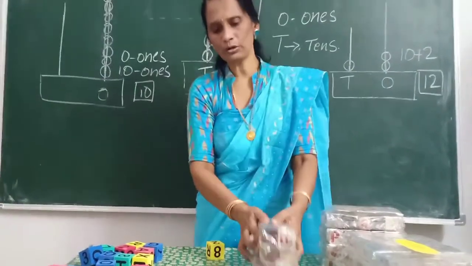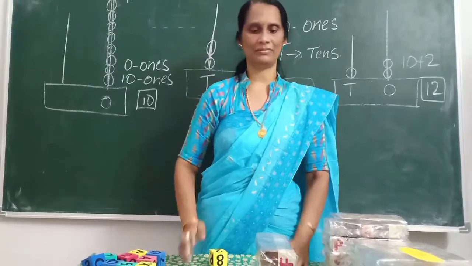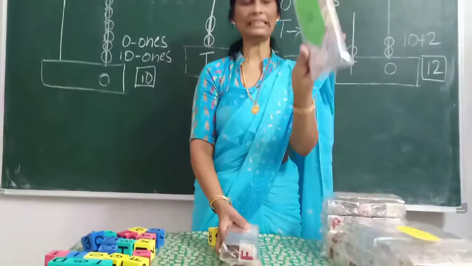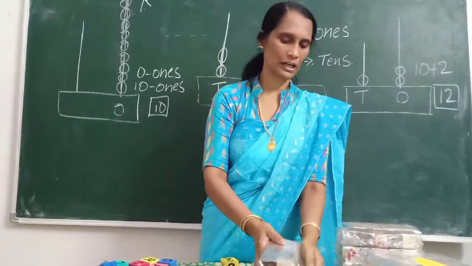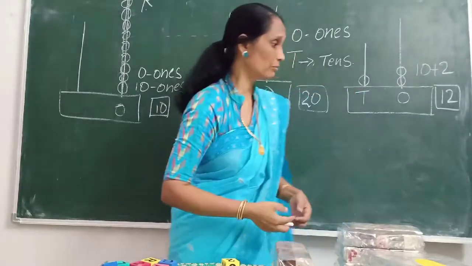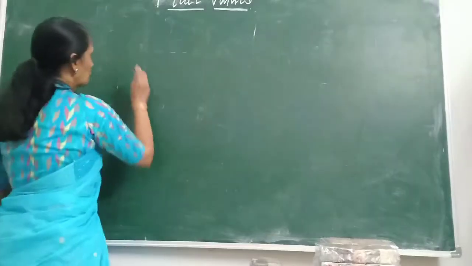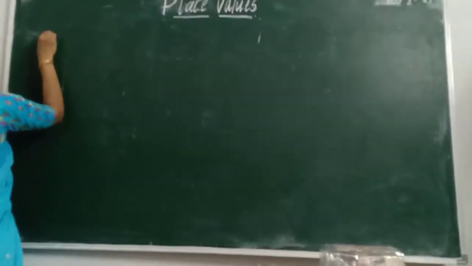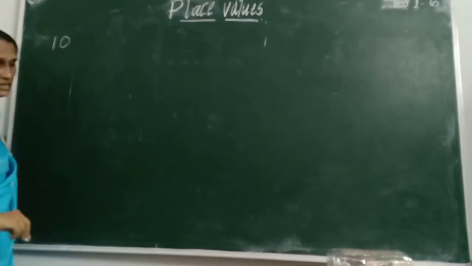Okay, now 3 blocks of 10 makes 30. 4 blocks of 10 makes 40. So, 10. One block means 10.